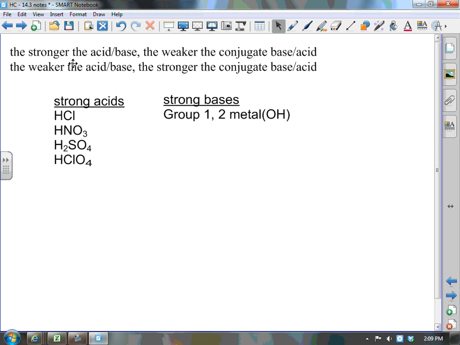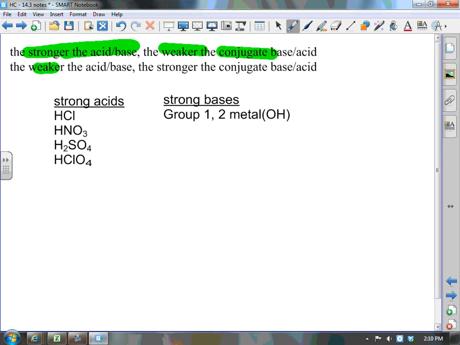All right. We talked a lot about strong and weak acids and things like that. So here's a little reminder. The stronger the acid or base, if it's a strong acid, then its conjugate is weaker. So again, we can say it: if the acid or base is strong, its conjugate is weak.